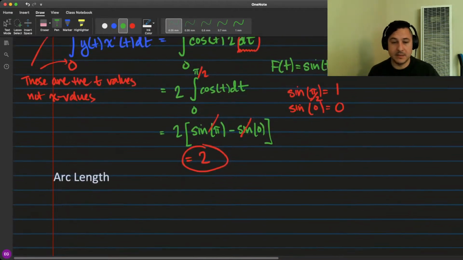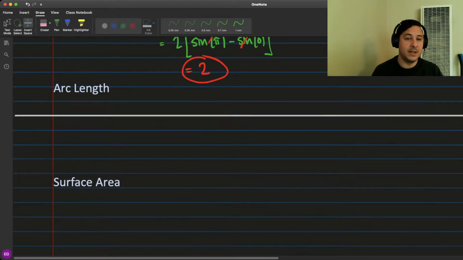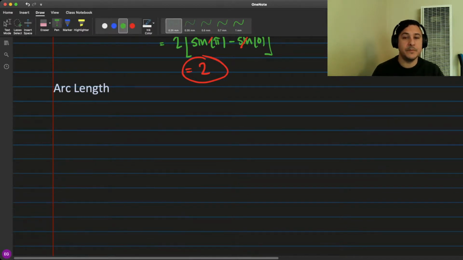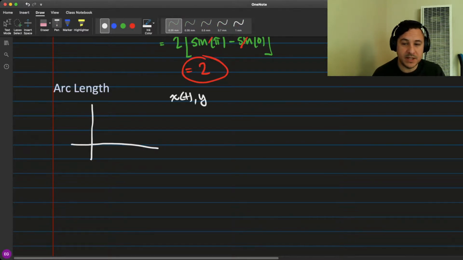We have a couple minutes left, so let's talk about another topic, other things that you can use integration for. It's very common to calculate something called arc length. So arc length is where, let's draw an x and a y axis. Let's say that you have some parametric equations, x of t, y of t.